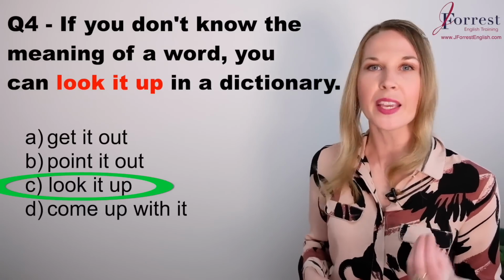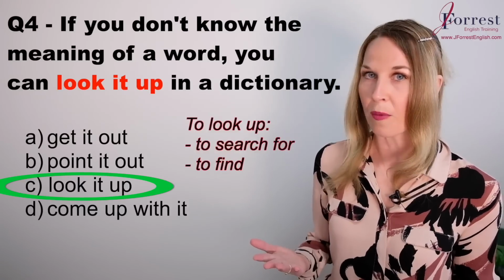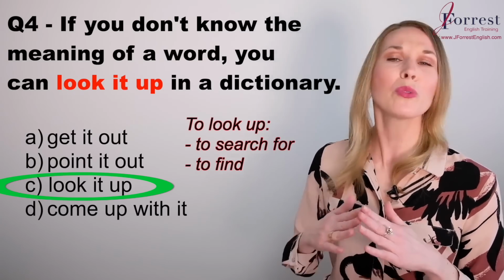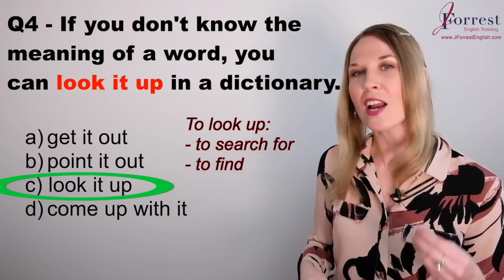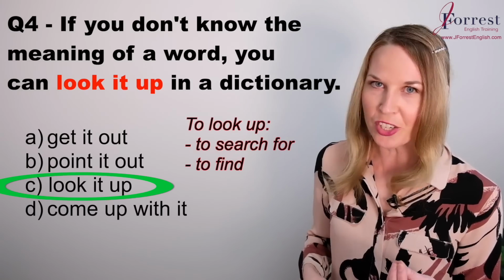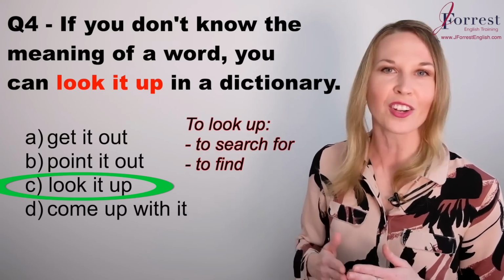To look something up is another way to say to search for or to find that specific information. Now we use this all the time because every time you Google, you're looking up information. So I use this expression literally every single day.